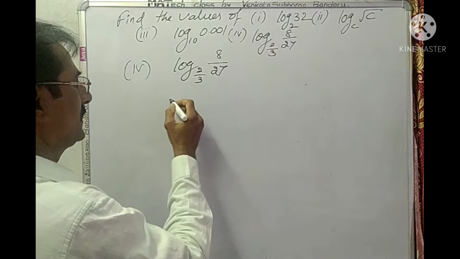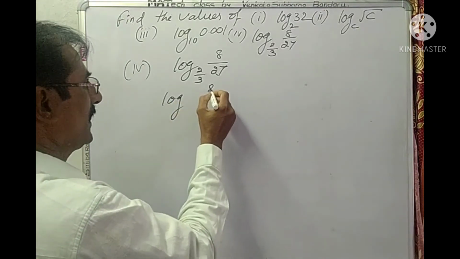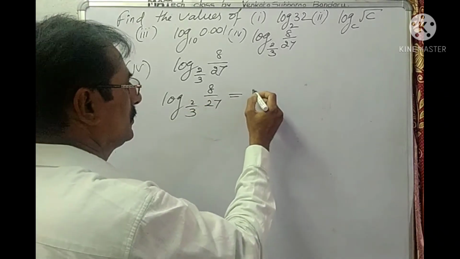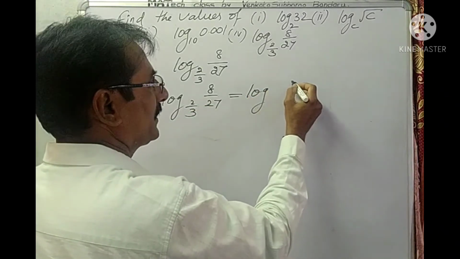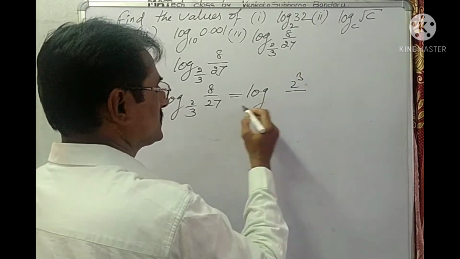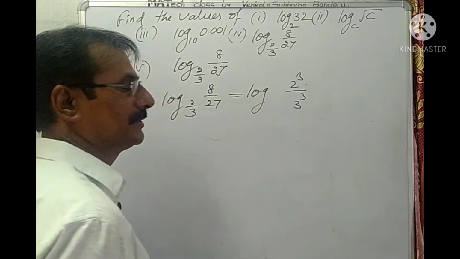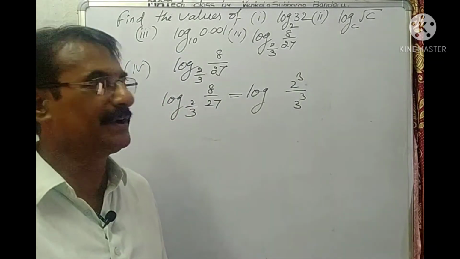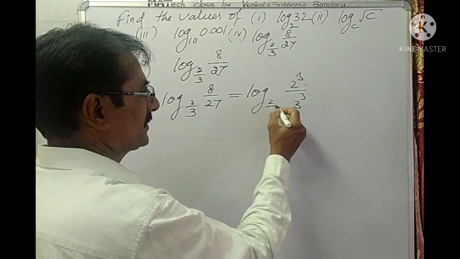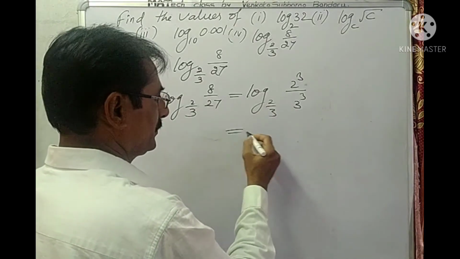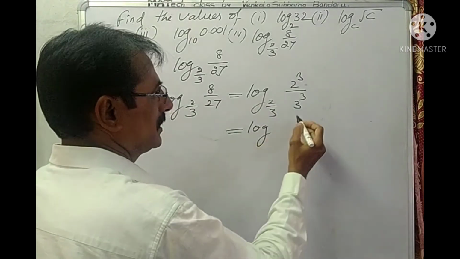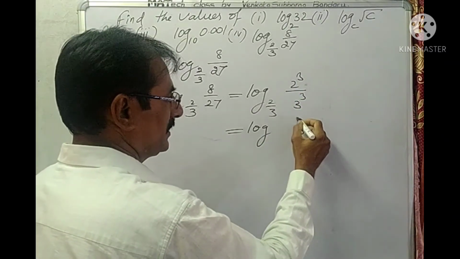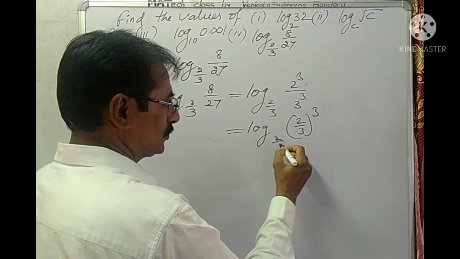So let's take the given log 8 by 27 base 2 by 3, equal to log: 8 can be written as 2 cube, 27 as 3 cube. 2 cube, 2 into 2 into 2 is nothing but 8. 3 cube, 3 into 3 into 3 is nothing but 27, base 2 by 3. Yes, we are going to write this as log 2 cube by 3 cube, which is 2 by 3 whole cube, base 2 by 3.